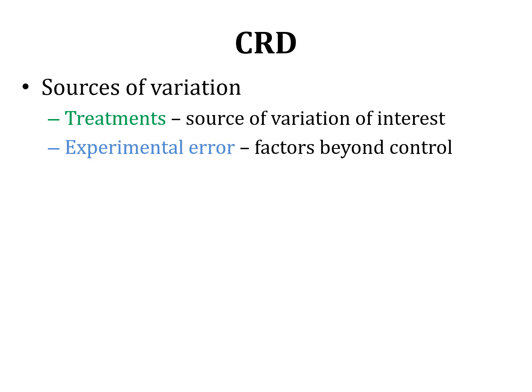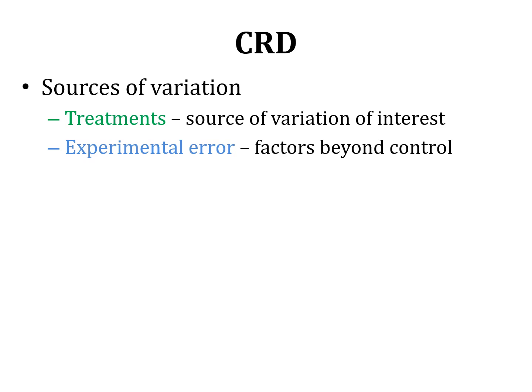The other source of variation, which is not of interest, is introduced by the nuisance factors or the extraneous factors which are beyond the control of the experimenter, and they result in experimental error. So the purpose of experimental design is that you must reduce or eliminate the sources of experimental error to the maximum extent possible.